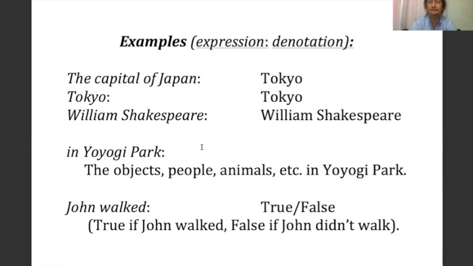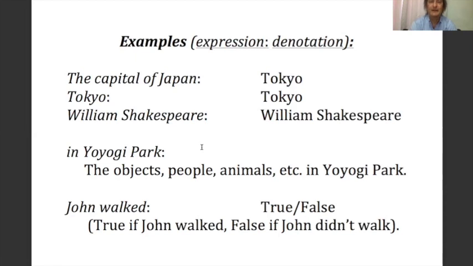It's true of trees that are in the park. It's true of people at a particular time who are in the park. It's true of basically anything that is in Yoyogi Park. And so we extend this notion of denotation to these kinds of expressions by saying that the denotation is the objects, the people, the animals, the things, the air, everything that is in Yoyogi Park in this case.